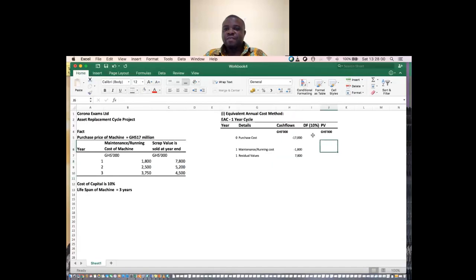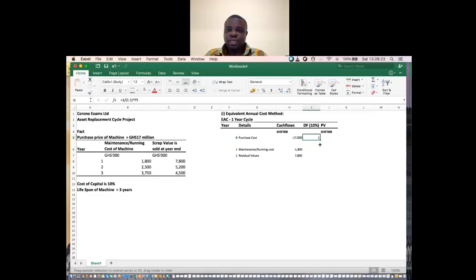So we now have to get the discount factor, and the discount factor for year zero at 10%. This one is equal to 1 divided by 1.1 to the power of 0, and that gives you 1.